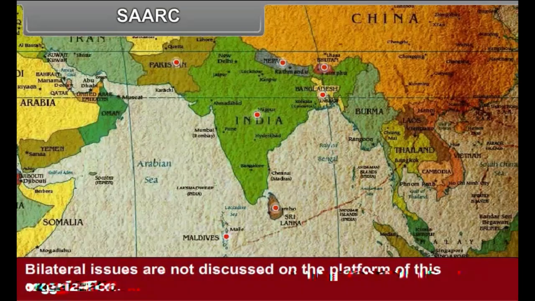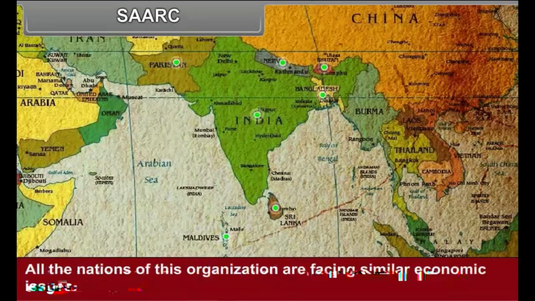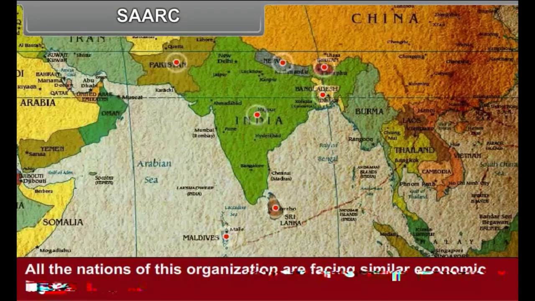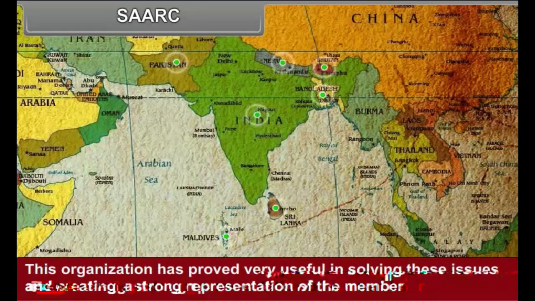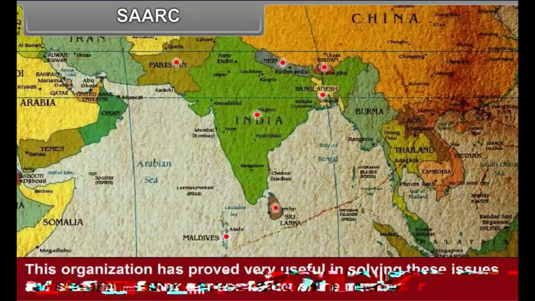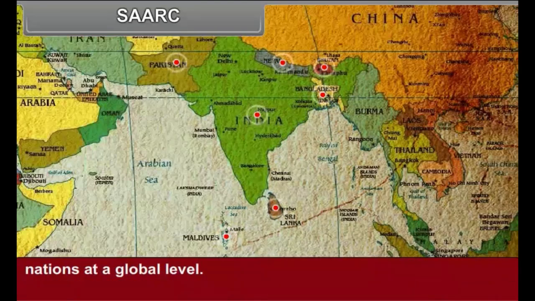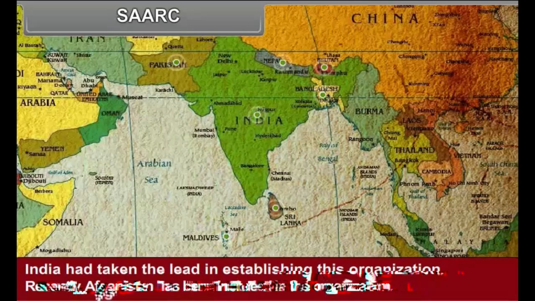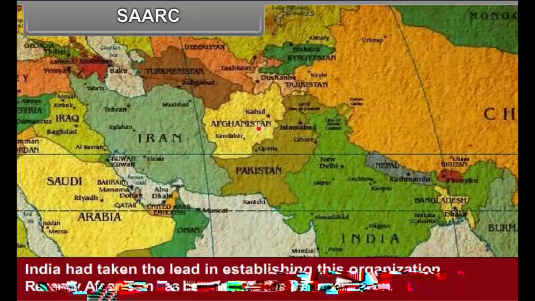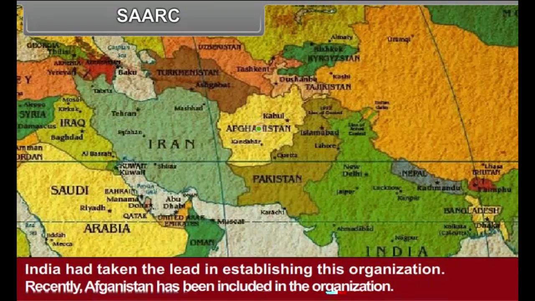Bilateral issues are not discussed on the platform of this organization. All the nations of this organization are facing similar economic issues. This organization has proved very useful in solving these issues and creating a strong representation of the member nations at a global level. India had taken the lead in establishing the organization. Recently, Afghanistan has been included in this organization.